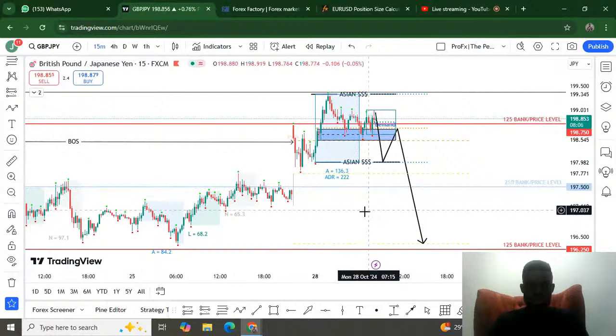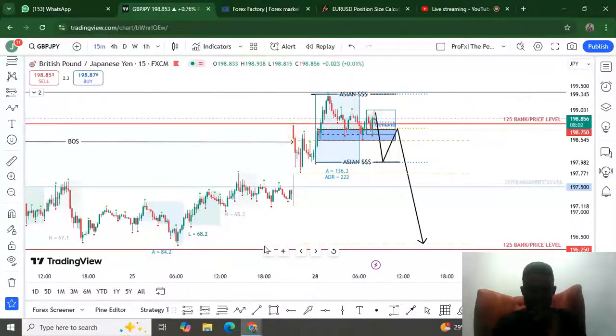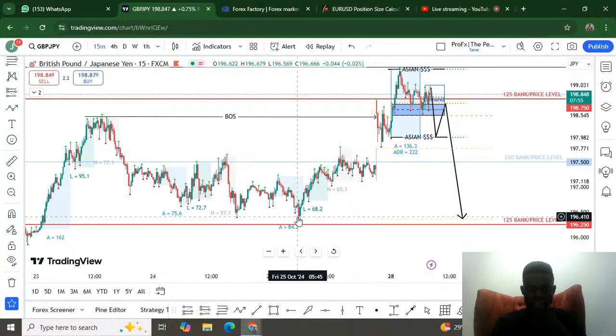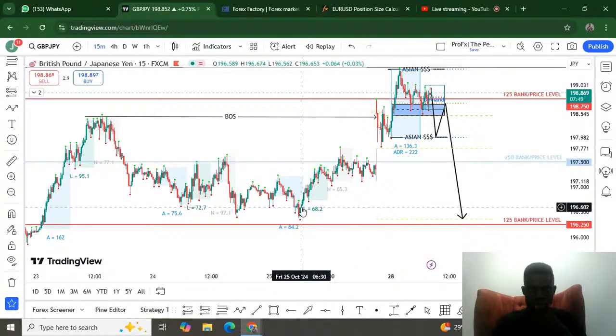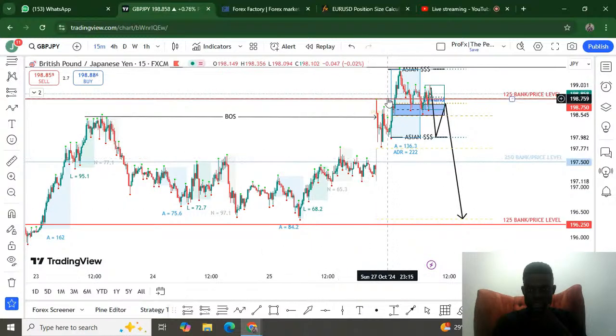So is GJ clear? Look at my bank levels. Okay. We took the buy from here on Thursday. We held it up to today. This is over 250 pips.